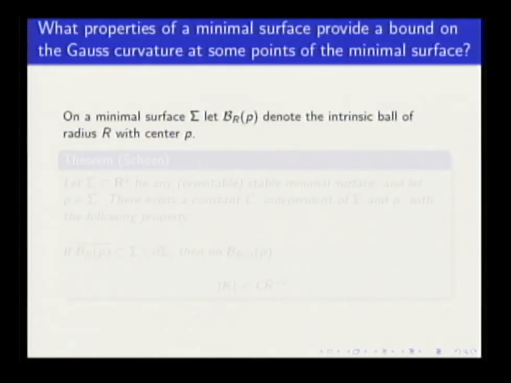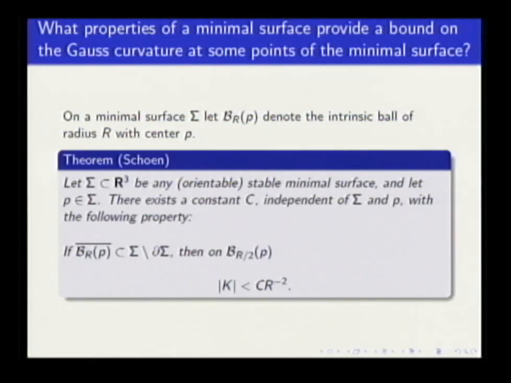So let me tell you one well-known result in this area. Let's take a minimal surface sigma and let calligraphic B_R be the intrinsic ball of radius R centered at P on the surface. It's a famous and great theorem of Schoen that says if you have an orientable, stable minimal surface, you don't need orientable, I think that's a result of Antonio Ros.